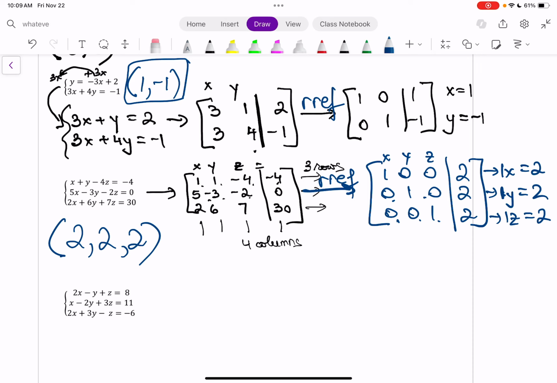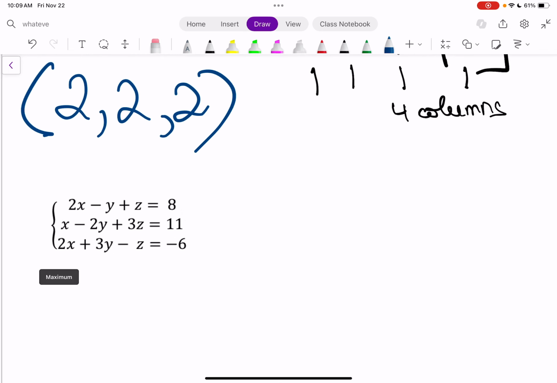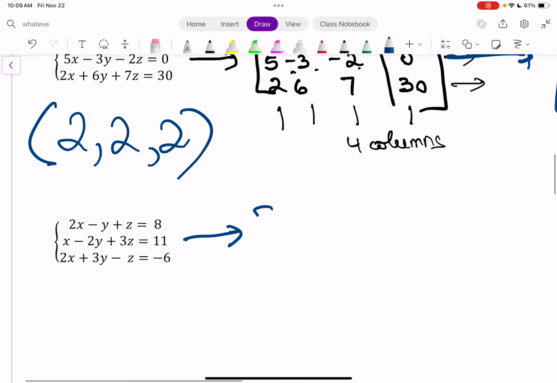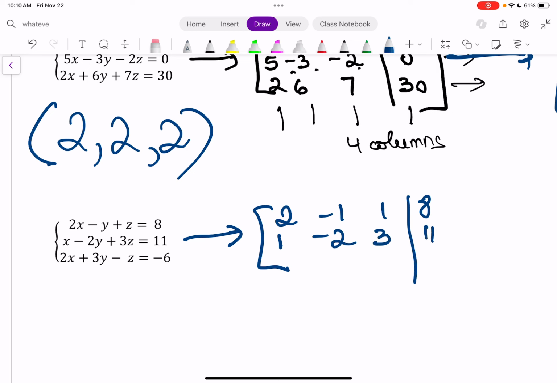Okay. So let's try this again. Let's write down the augmented matrix. Okay. And now we're going to take this and plug it in.